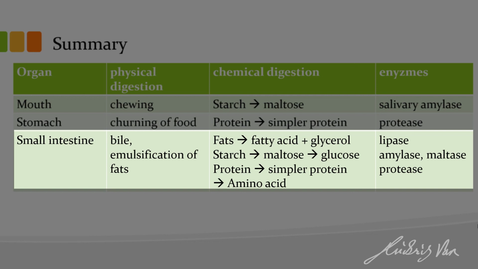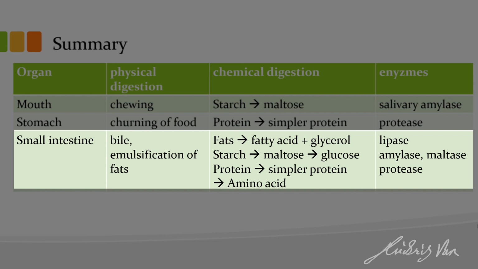So the chemical digestion in the small intestine is actually everything. Fats get converted into fatty acid and glycerol by lipase, starch to maltose by the intestinal amylase, and finally maltose into the simplest unit of carbohydrate, which is glucose. The enzyme responsible for this reaction is maltase.